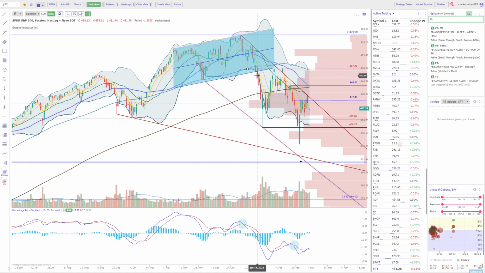That signaled the start of the move. And so what's also interesting is, getting back inside and then ultimately getting above the 20 is what generally ends these moves as well.